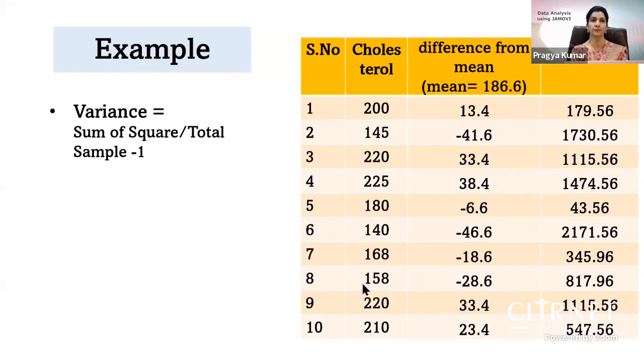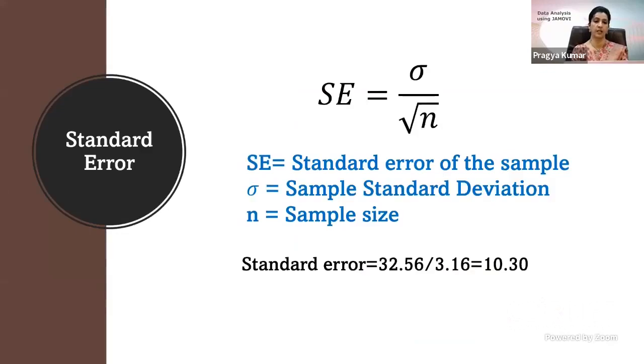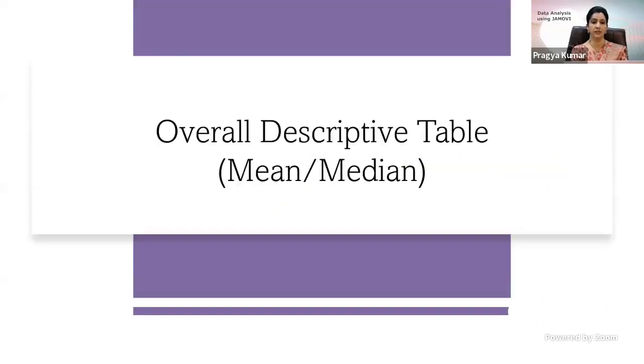You have an individual value and a group mean. You deduct the group mean from the individual value, square it, and add it. That is known as the sum of squares. We learn more about these in the ANOVA. This is the variance, and the standard deviation is the square root of this. Standard error is the standard deviation divided by the square root of n.